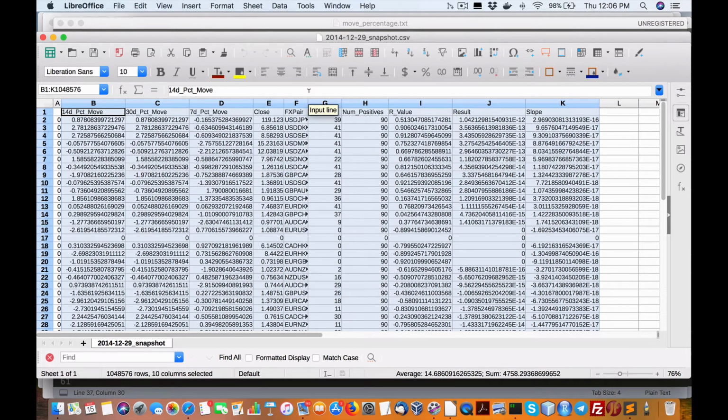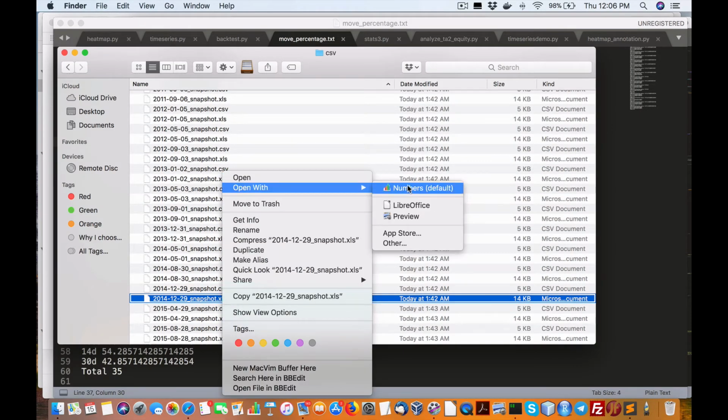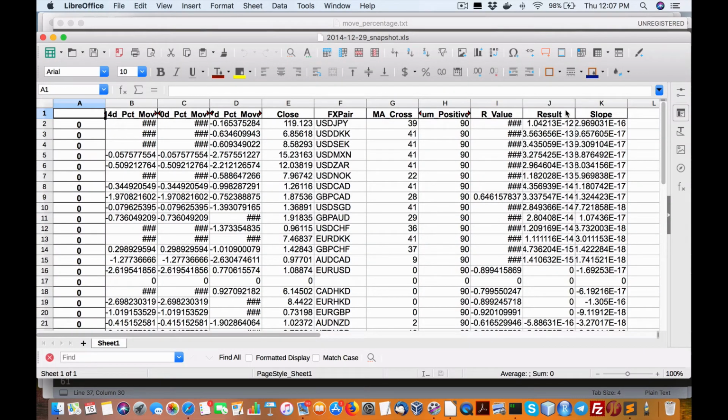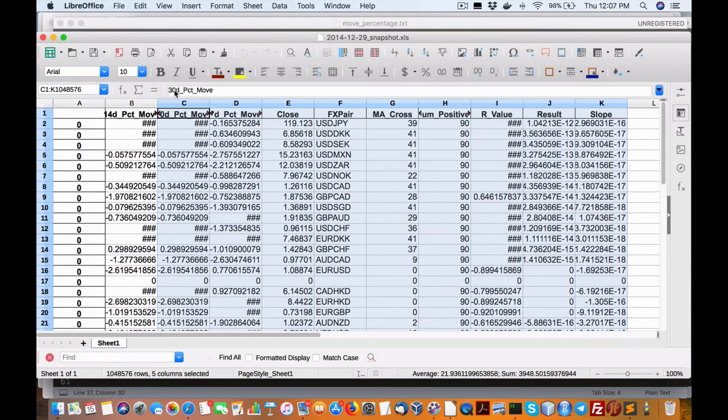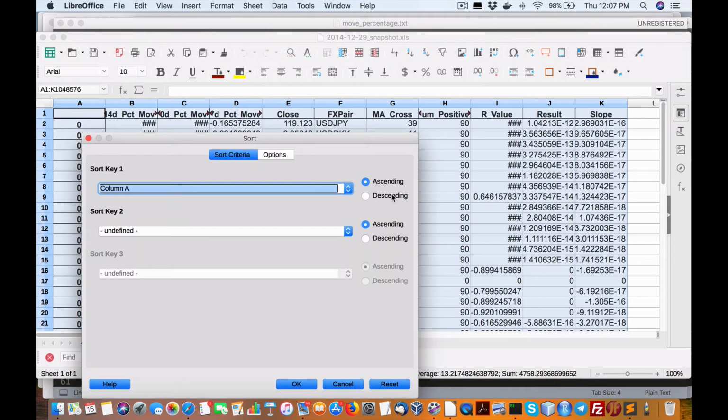Let me just load up a better file. So we want our XLS file. Okay. So what we have here is our slope. Now I'm going to do a general data sort, I'm using LibreOffice, which is like an open source version of Excel.